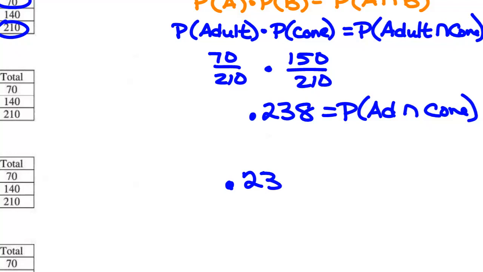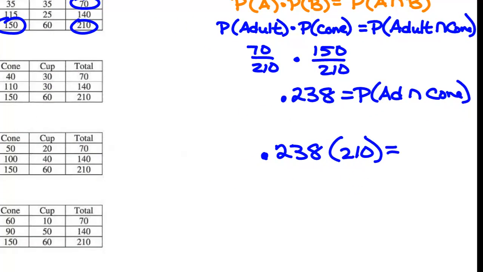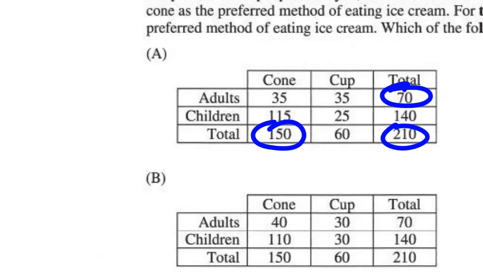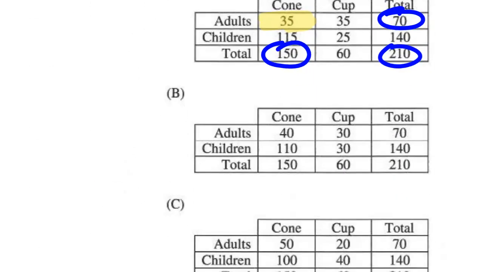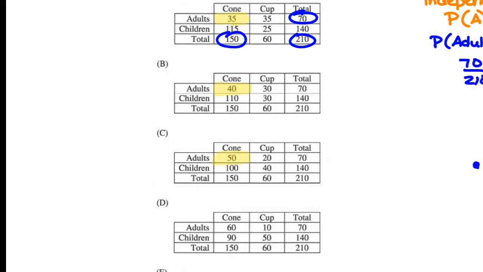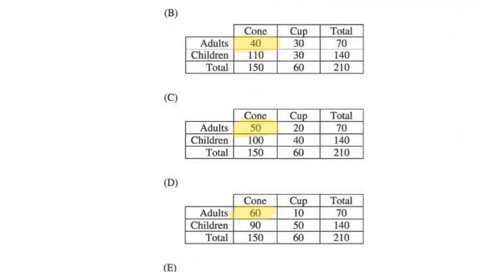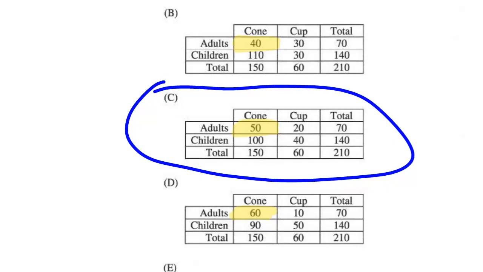And so then I take that 0.238 times 210, because there were 210 people total surveyed. That will give me the number that is in the intersecting cell for adult and cone. We get 50. So if I'm looking at adult and cone, that would be here, here, here, here, and here. The intersection, the and, should be 50. So it's choice C.